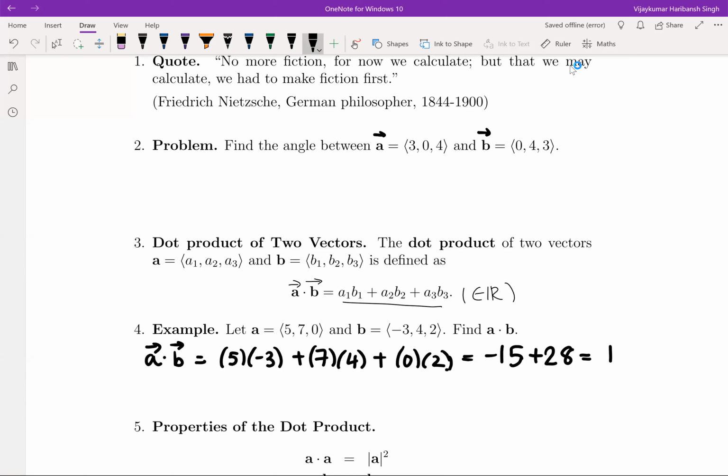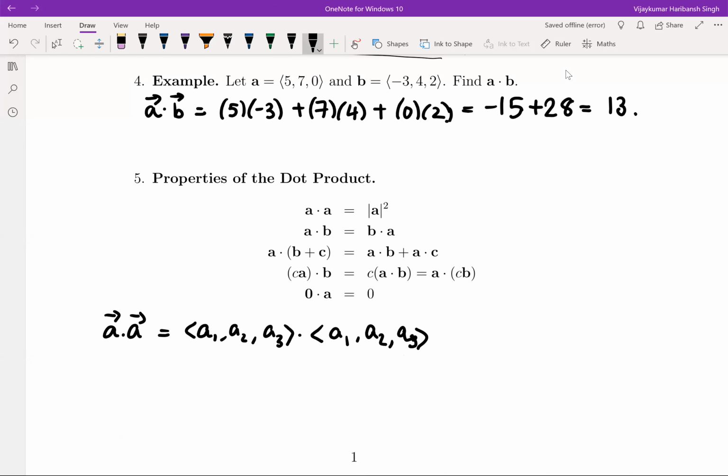Because A dot A is going to be A1, A2, A3 dot A1, A2, A3, which is A1 square plus A2 square plus A3 square, which we know is basically the length of A, the whole square.